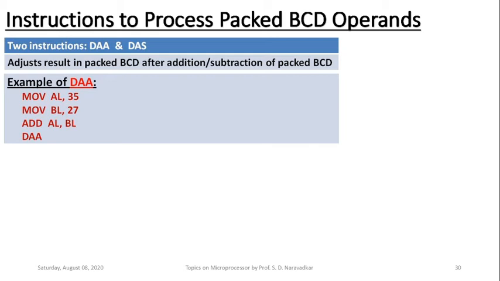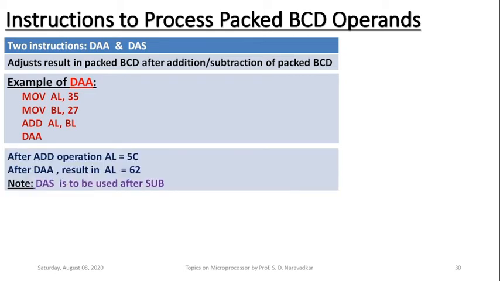The more elaboration of this execution is given below here. After that ADD instruction, the third instruction shown above, the contents of register AL will be 5C. Why? Because 35 plus 27 will be performed by the processor, and we know that the processor will treat these numbers as binary, meaning hexadecimal numbers.